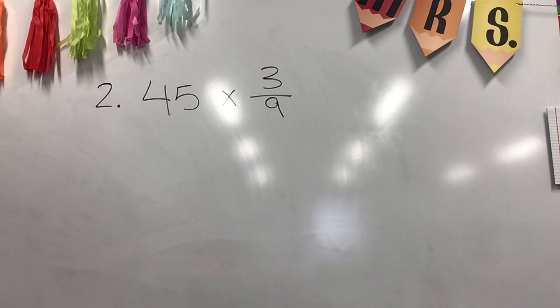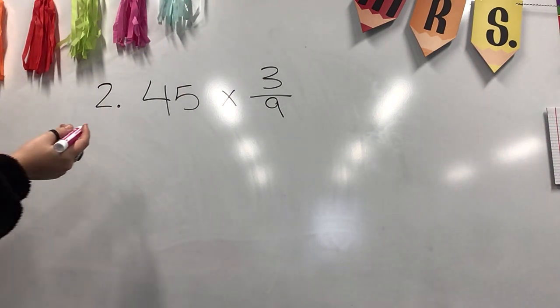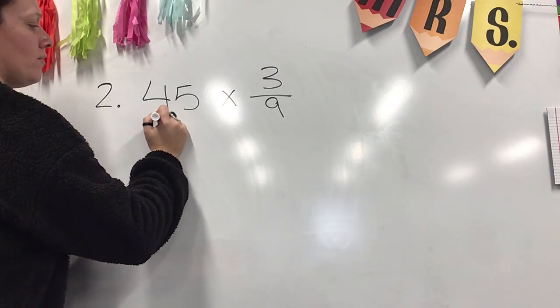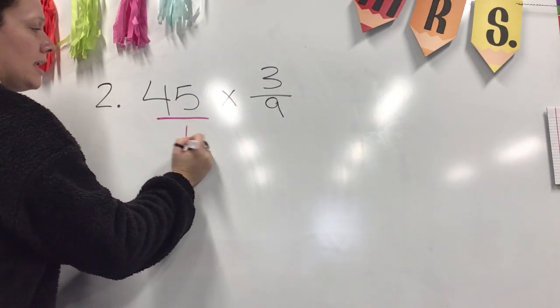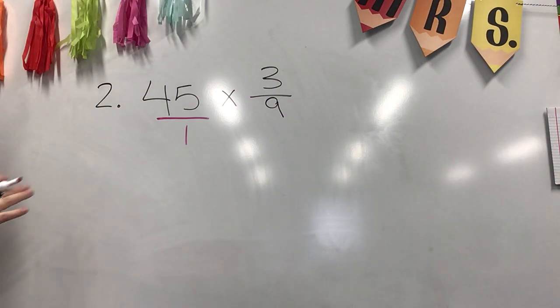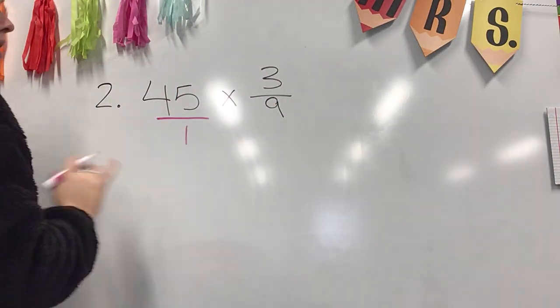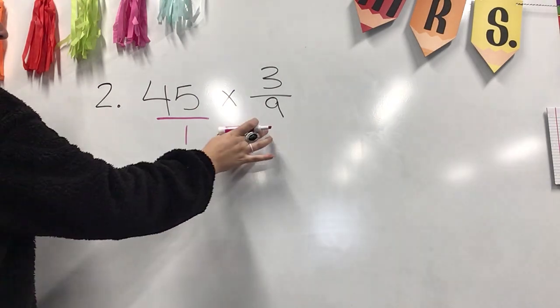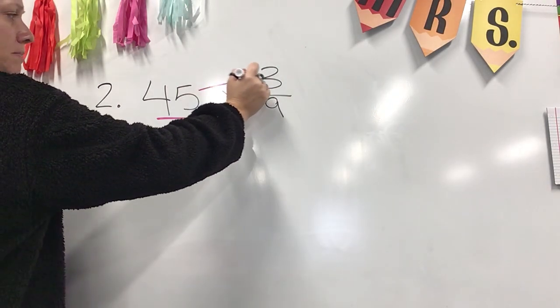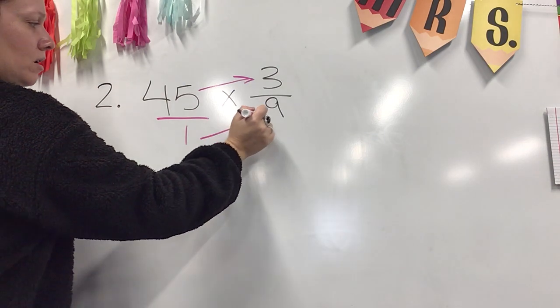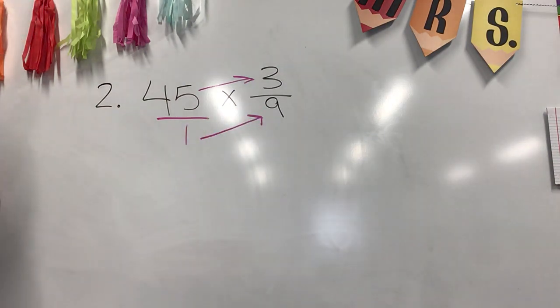Okay. All right, this 45, I need to put it over 1. Now I've told you guys, for me, I would have to rewrite this because my fractions don't line up nicely. If you don't mind that it doesn't line up exactly and you are just multiplying across, you kind of have a little angle going there, I leave that up to you. Okay, that's just personal preference.